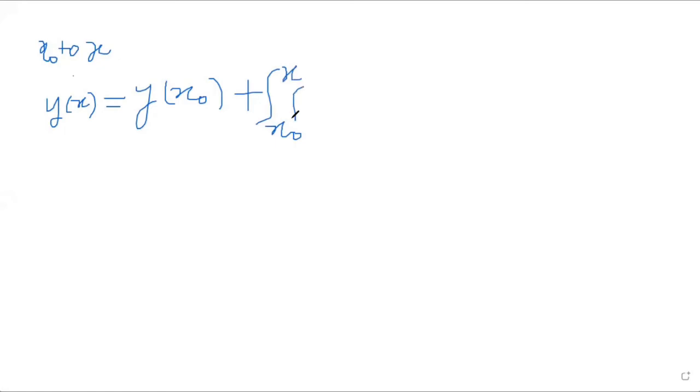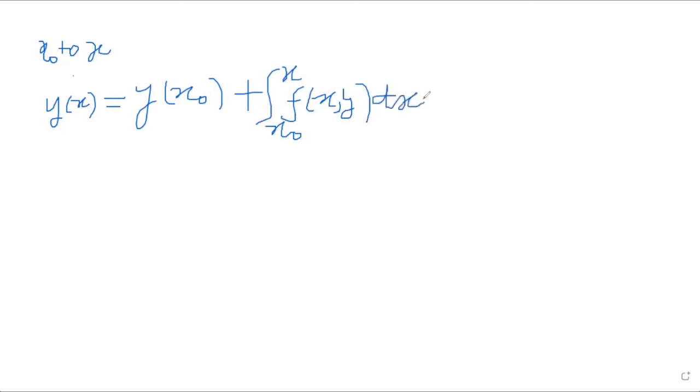So what we are getting: y(x) is equal to, please do that quickly, I'm just writing, y at x naught plus the integral from x naught to x of f(x, y) dx.